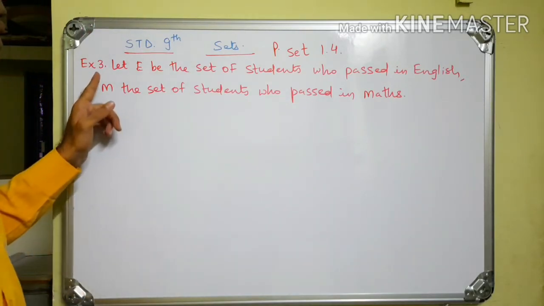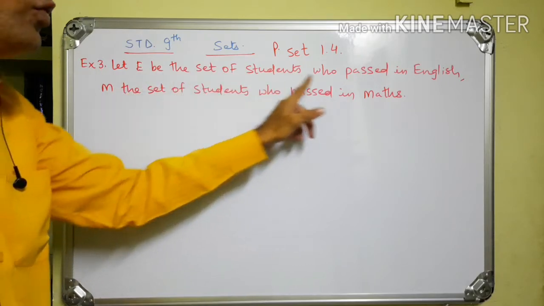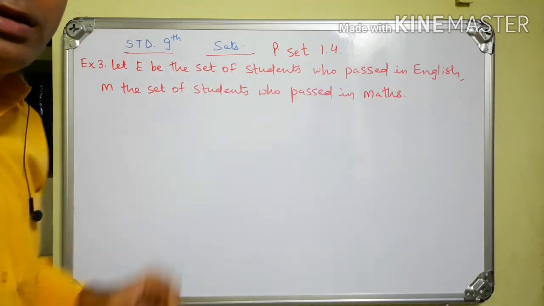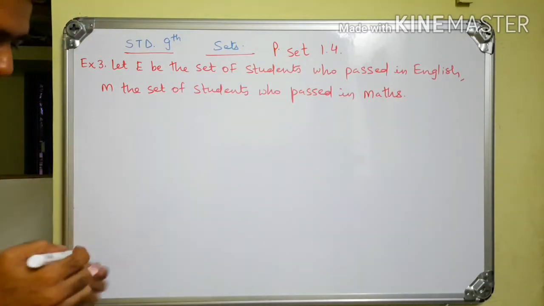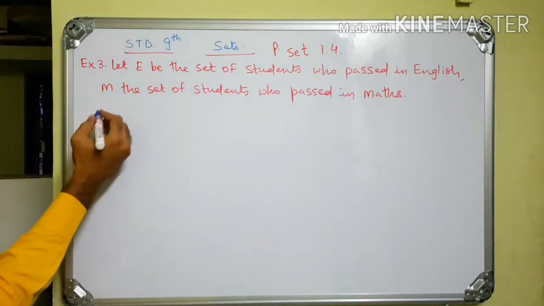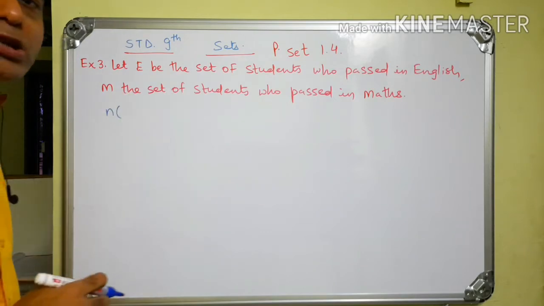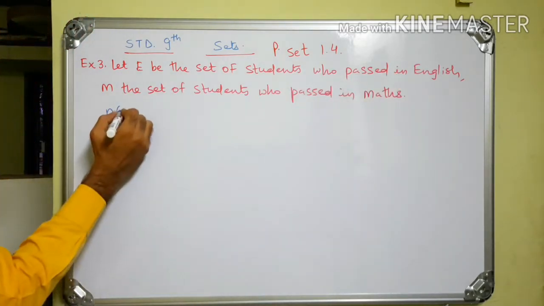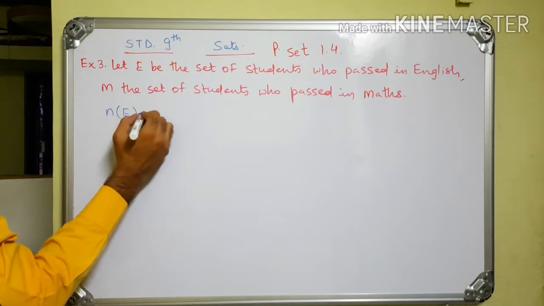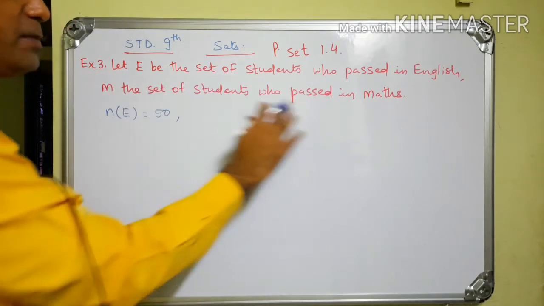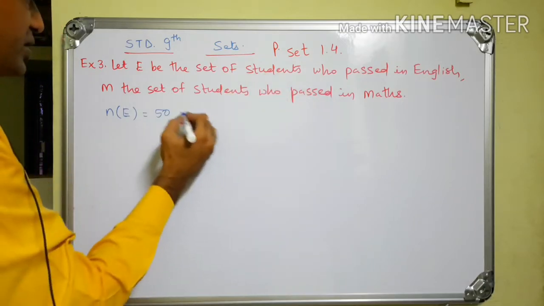Now solution: let E be the set of students who passed in English and M the set of students who passed in maths. So let's write from this information the number of students. How many students passed in English? 50. So the number of students in set E is 50. How many students passed in maths? 60.